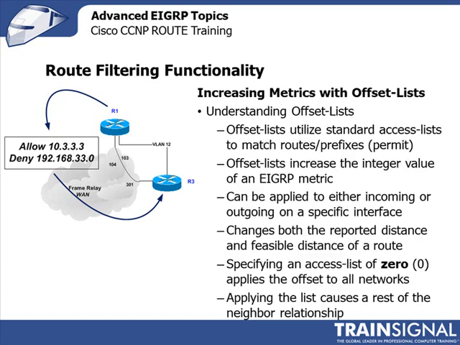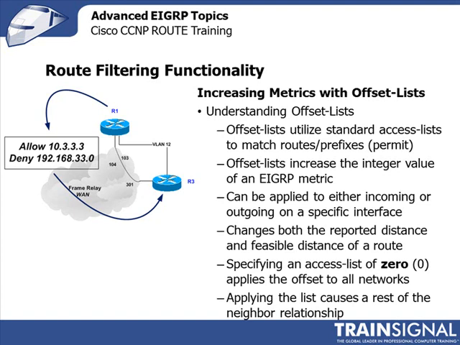If you desire to create a higher metric for one particular interface without changing the bandwidth or delay commands, you can actually use the offset list to increase the metric. And this actually uses standard access lists to match routes or prefixes. The offset lists can increase the integer value.